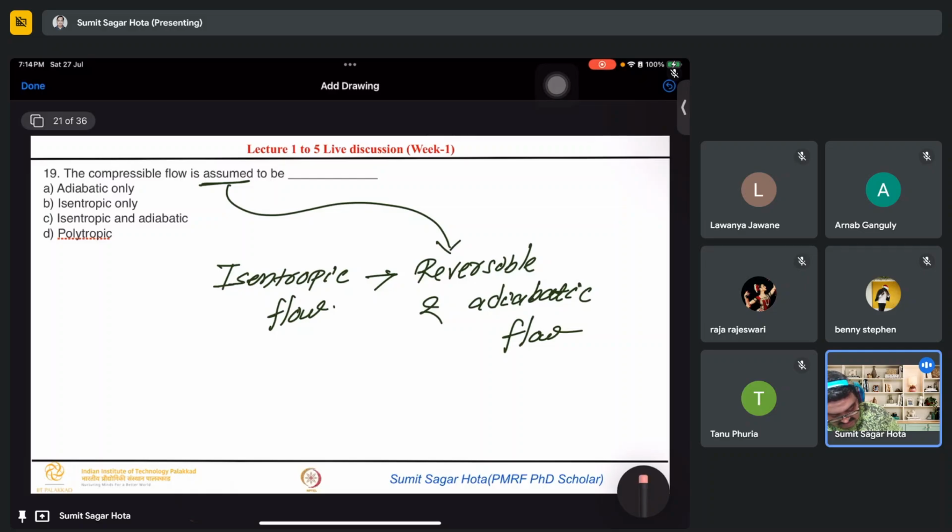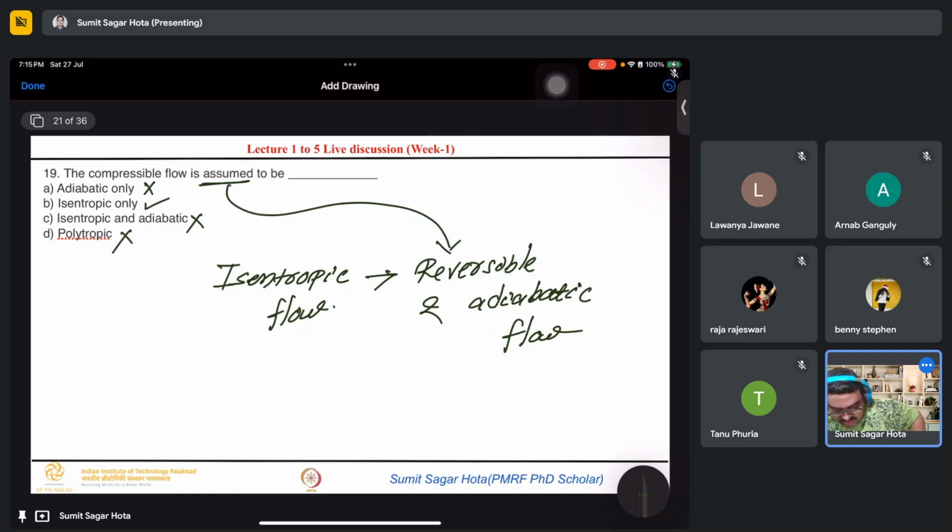Isentropic and adiabatic cannot work together as separate options, because one is reversible and the other is irreversible. Adiabatic only also cannot be an option. Polytropic is purely a real system, and we cannot assume any kind of real system for a particular kind of flow. So obviously one thing is left, which is the isentropic flow.